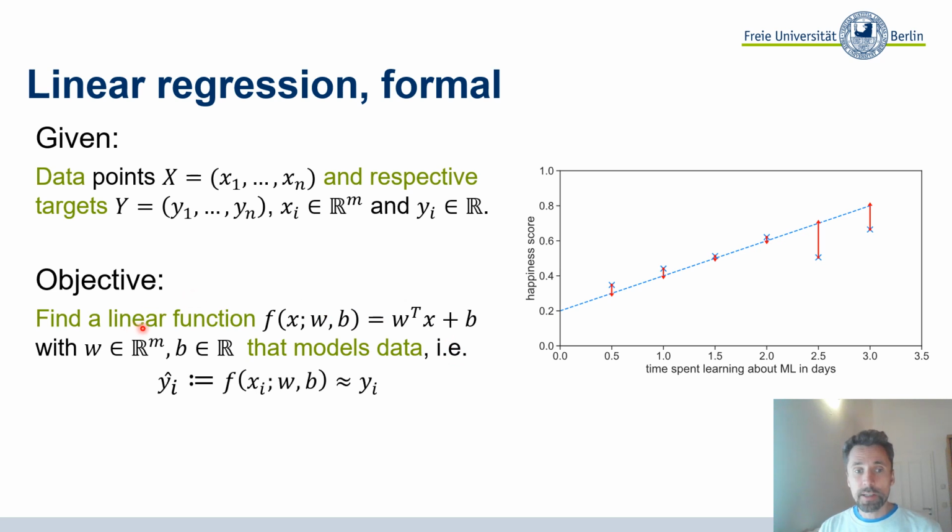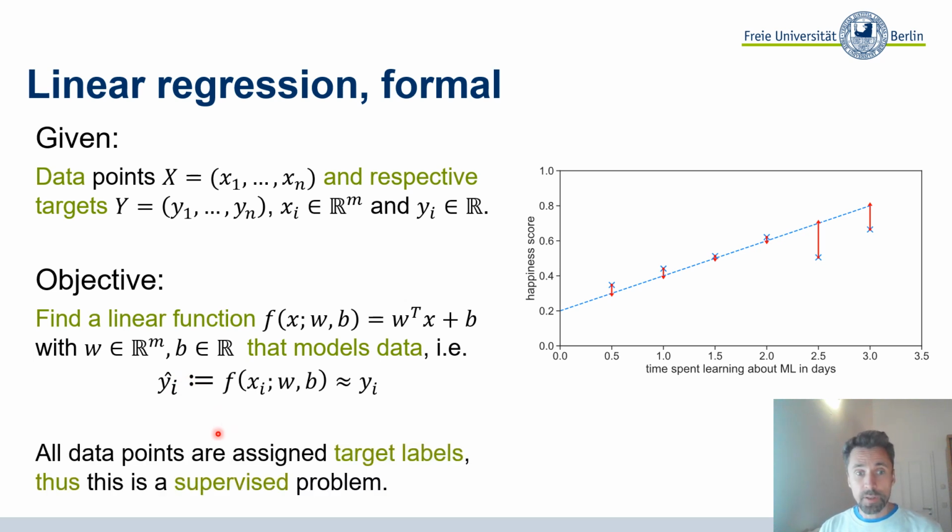And now this linear function, this linear model, should approximate the labels as best as it can over all of these samples. And since we do have target labels, this is a supervised learning problem.